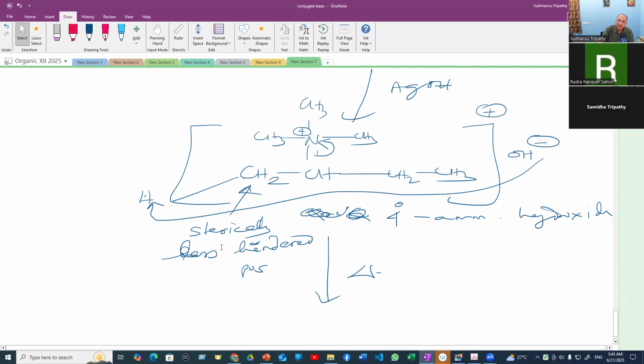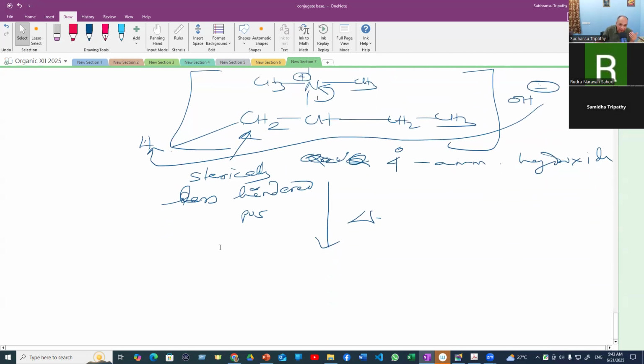Sorry, the OH minus takes the H plus, and then this sigma bond turns into a pi bond and this carbon-nitrogen bond breaks to form a neutral amine.